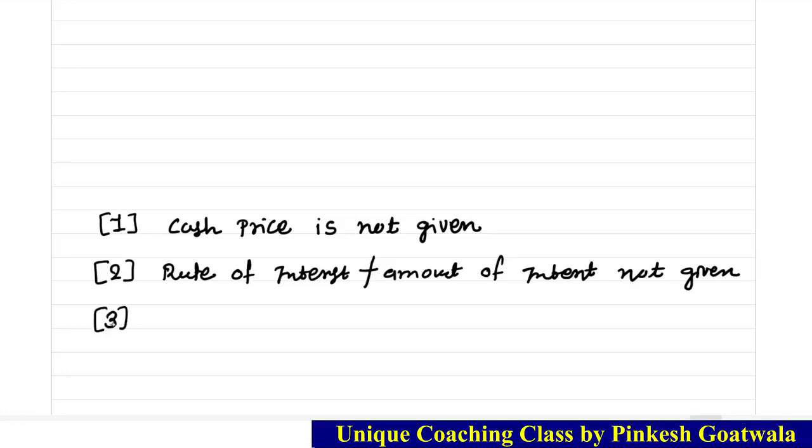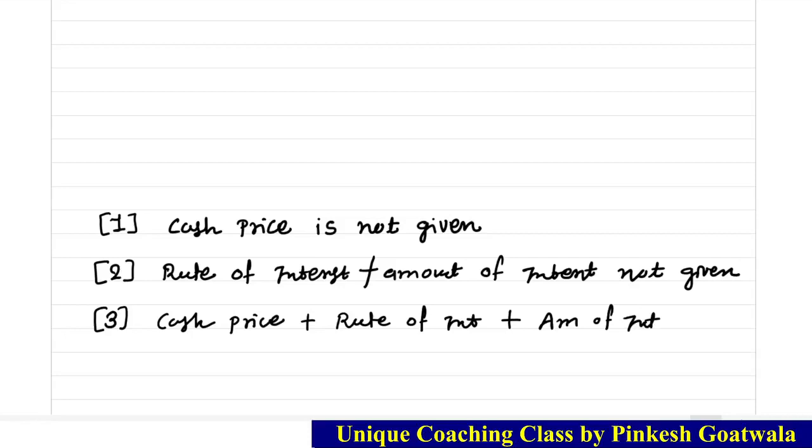And the third type, cash price plus rate of interest plus amount of interest: cash price will not be given, rate of interest will not be given, amount of interest will not be given. Nothing will be given.